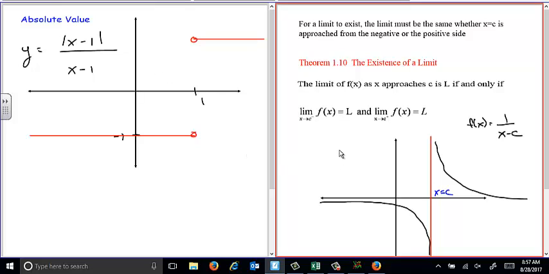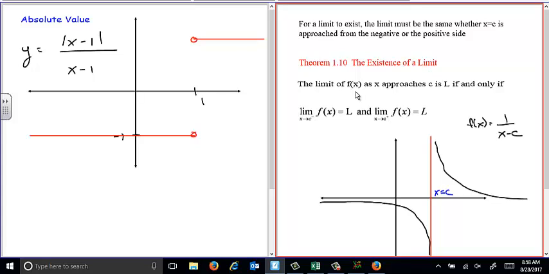There's this theorem here. Let's just talk about the theorem. So for a limit to exist, the limit must be the same whether x equals c is approached from the negative or the positive side. So we have this theorem in the book, theorem 1.10, the existence of a limit. So here's the formal way of saying this.